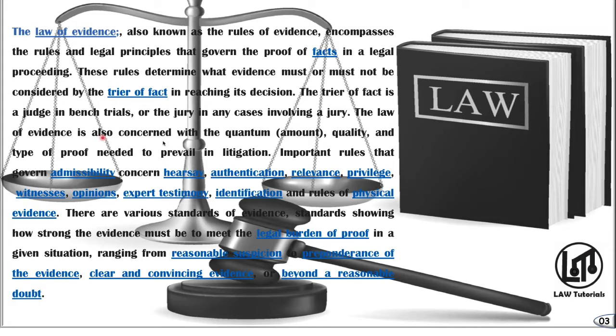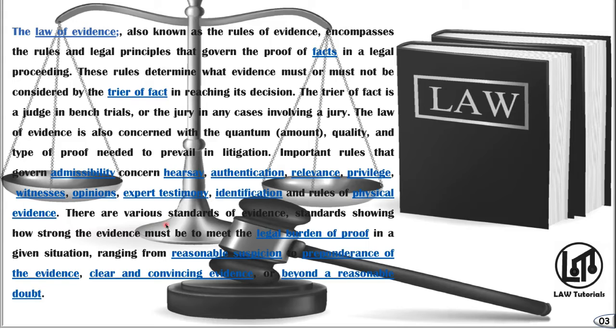The law of evidence is also concerned with the quantum, that is amount, quality, and the type of proof needed to prevail in litigation. Important rules that govern admissibility concern hearsay, authentication, relevance, privilege, witnesses, opinions, expert testimony, identification, and the rules of physical evidence.